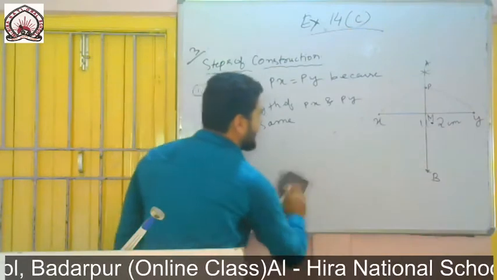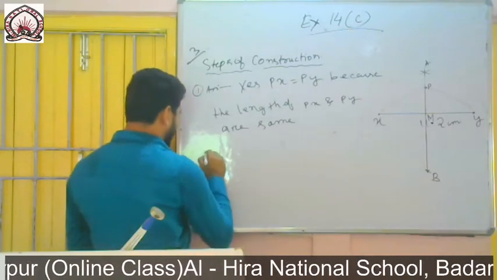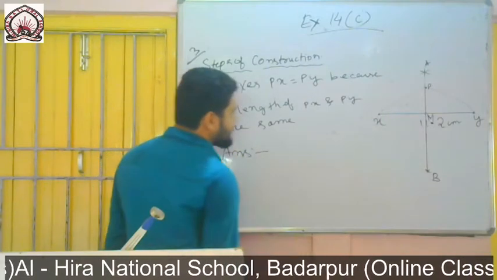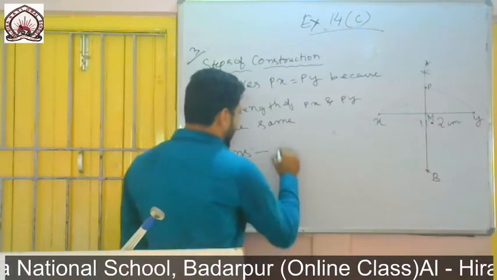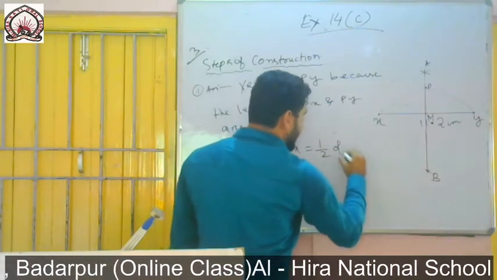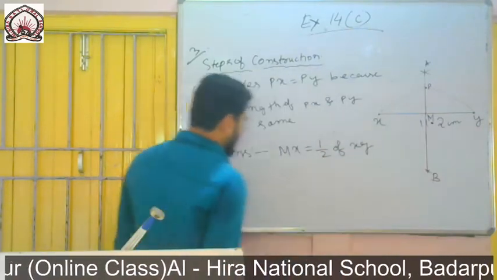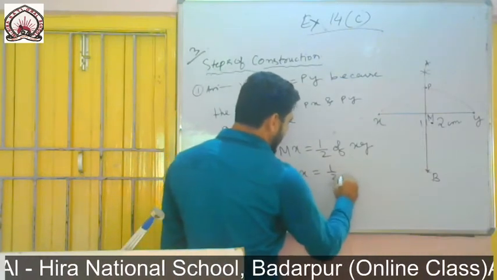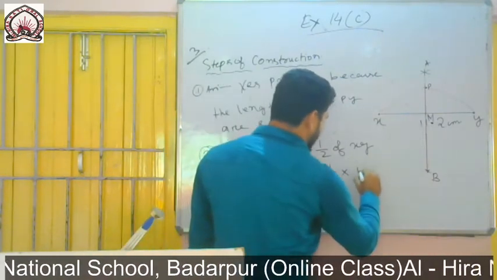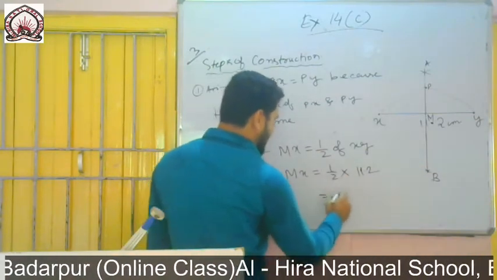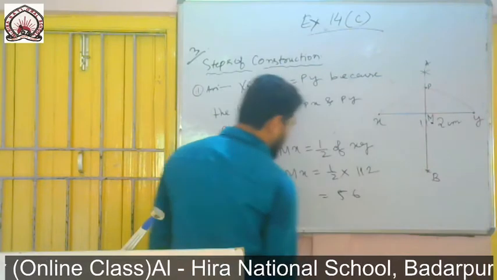Number 2: MX will be half of XY. That means I can write MX equals half into XY, which is 11.2. If I cancel, then I'll get 5.6.